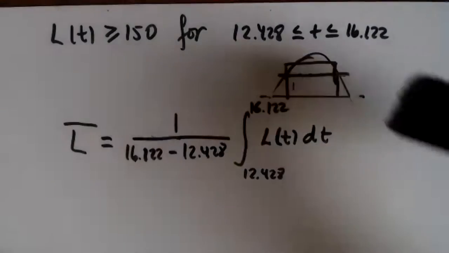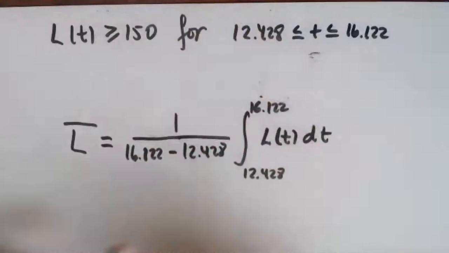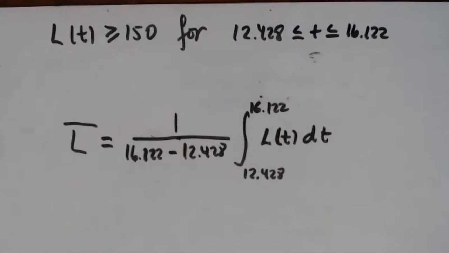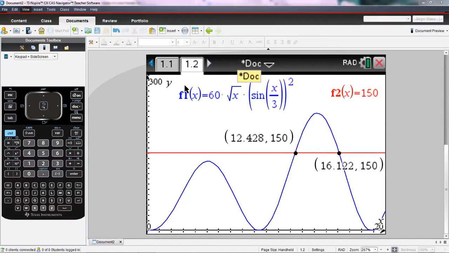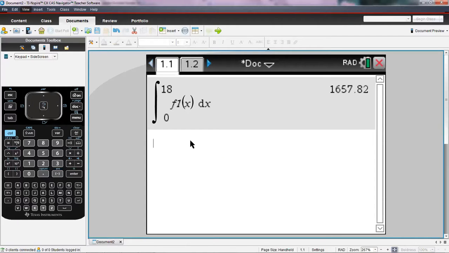So, not a big deal. I'm going to use my calculator to do this. Now remember, I don't have to type the function because it's already here. So I go here and then I put okay.